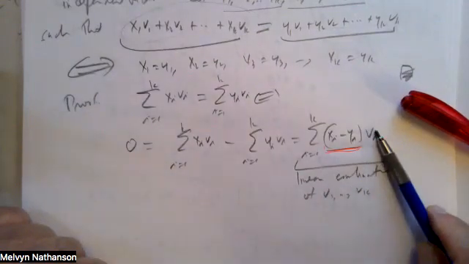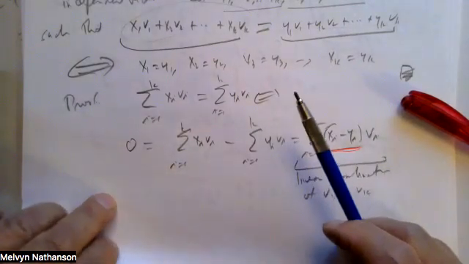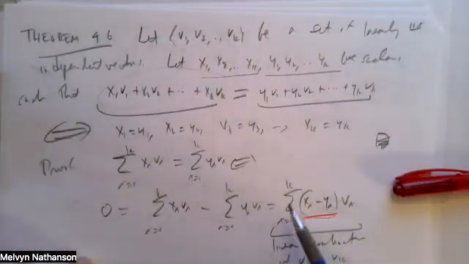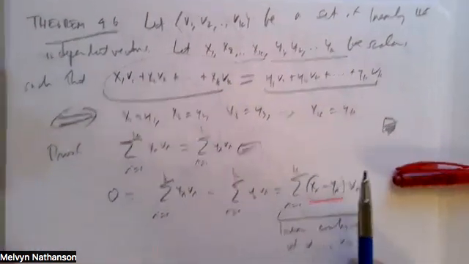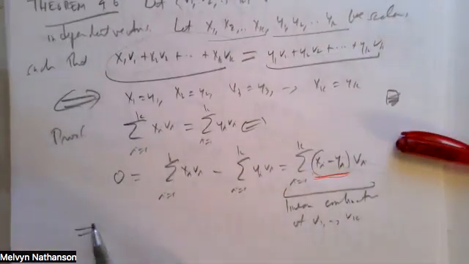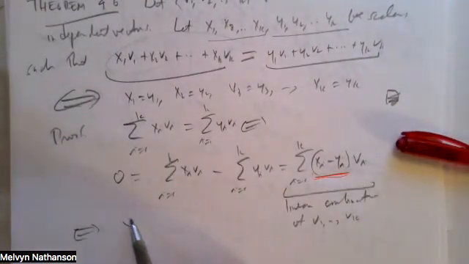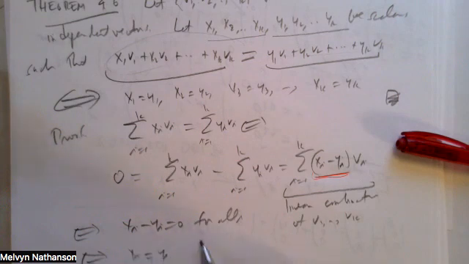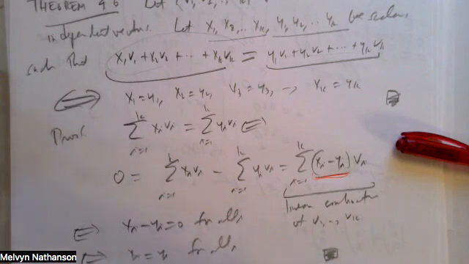But the vectors v1 up to vk, we were told, are linearly independent. So this happens if and only if all the scalars are 0, xi minus yi equals 0 for all i, which is the same as saying xi equals yi for all i, which is exactly what we wanted to prove.